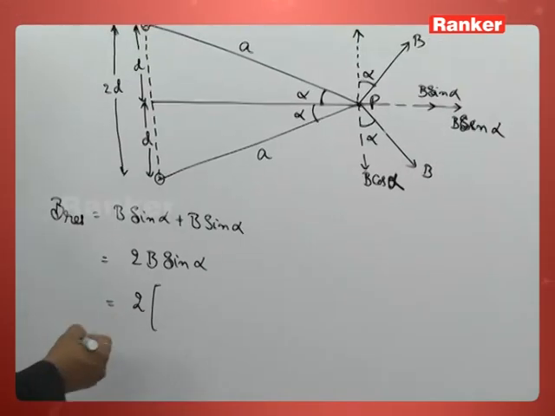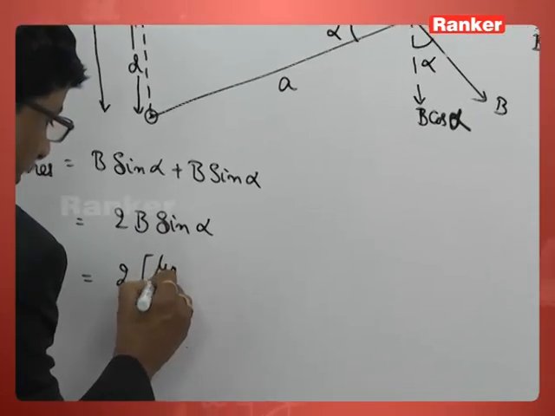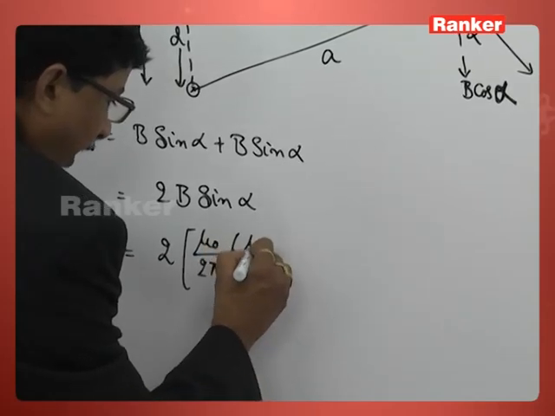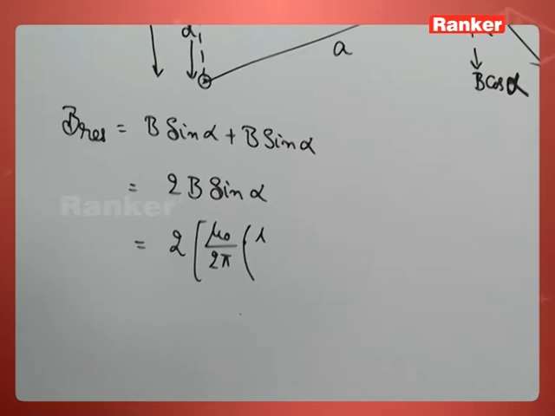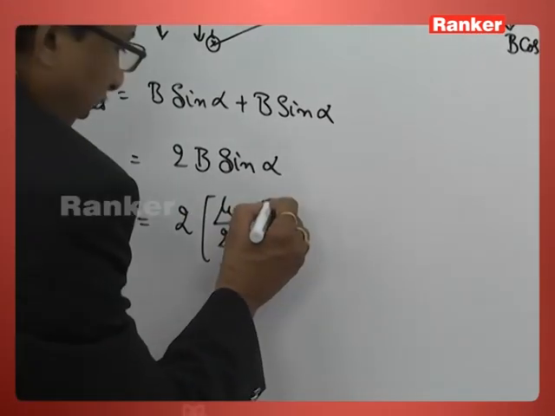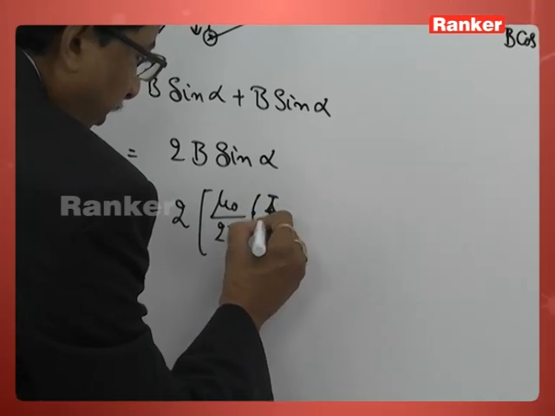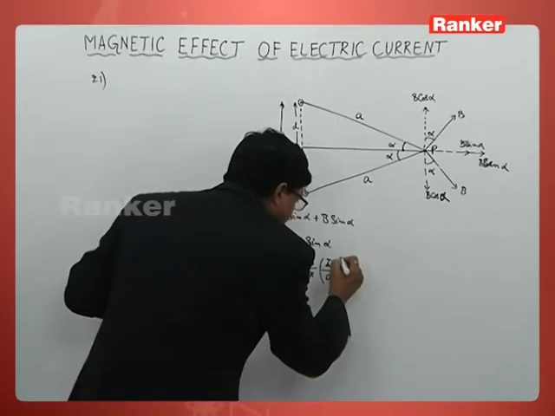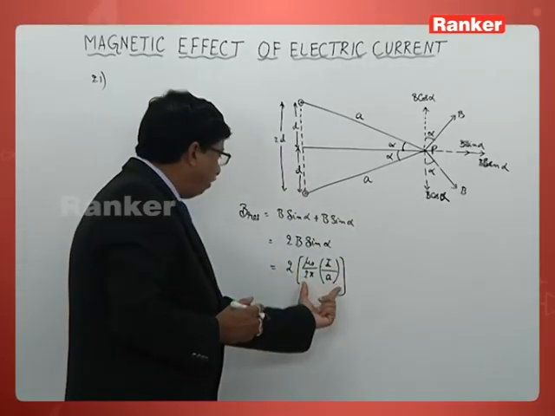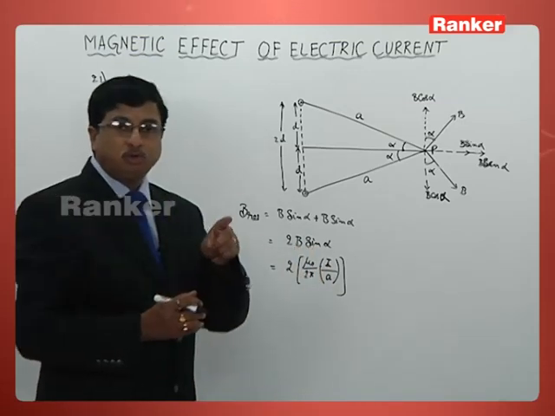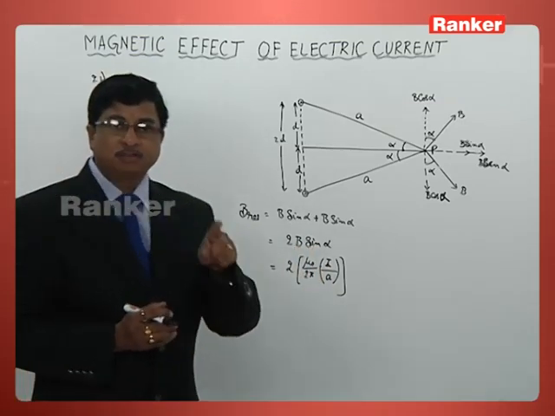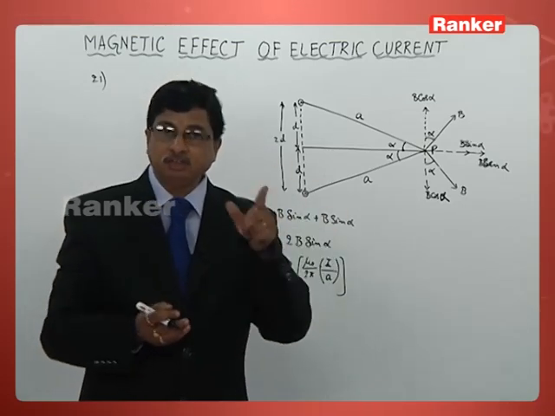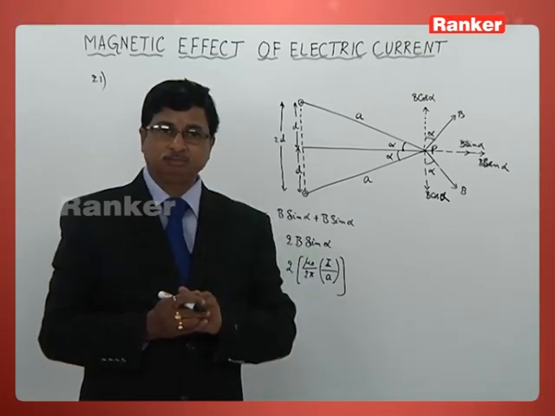B equals mu naught by 2 pi into I by R. The current passing is given as capital I, and R is the distance, which is to be written as A. So this is the formula for magnetic induction due to the current passing through a straight conductor at a point at a distance A from that conductor.